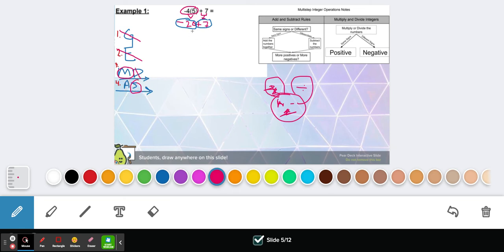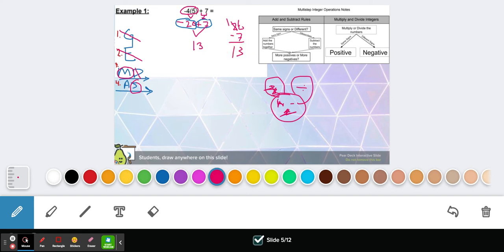So I need to subtract 20 minus 7, and 20 minus 7 should give me a 13, okay? Because 20 minus 7, I need to borrow, okay? Here, this becomes a 1. 10 minus 7 gives me 3, and I drop down my 1, so 13.